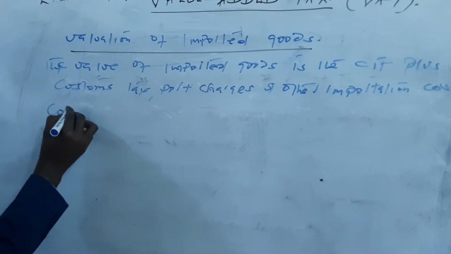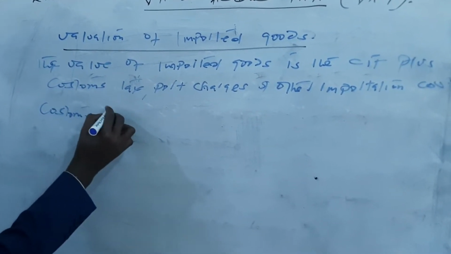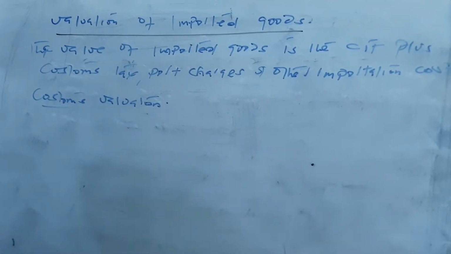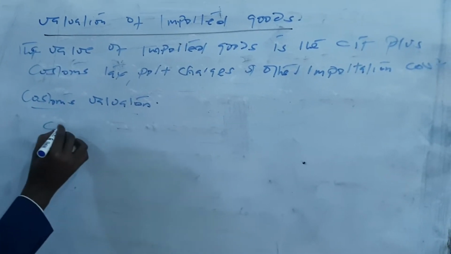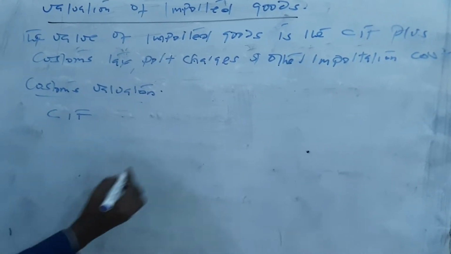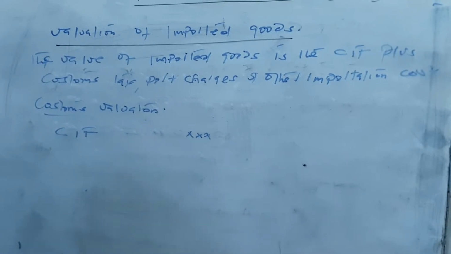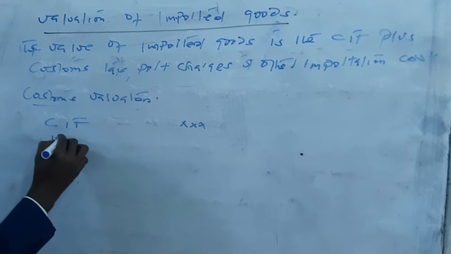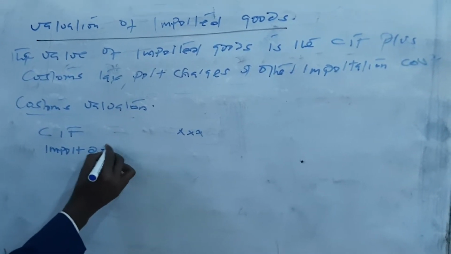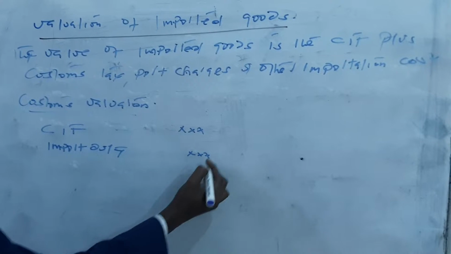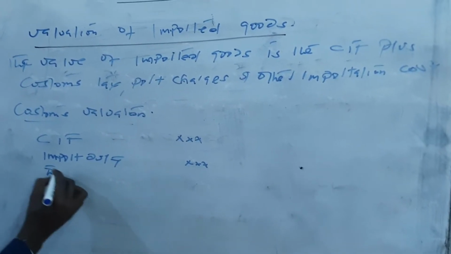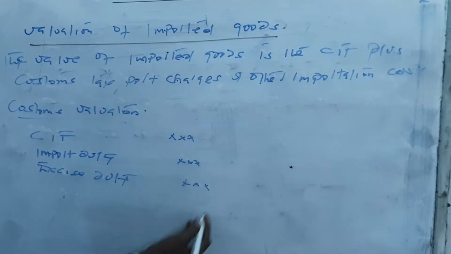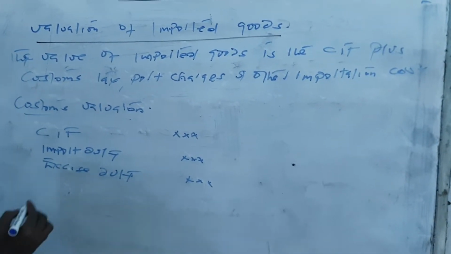So therefore, the customs valuation here, it will be the CIF. You post the value of the CIF here. Again, you bring the import duty. You also post it here. You bring the excise duty. You post it here. You bring the port charges.